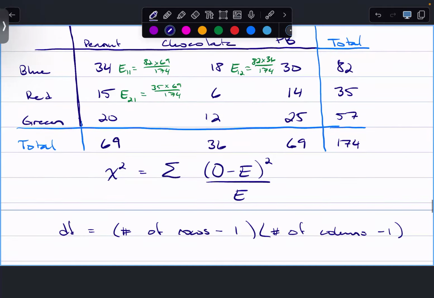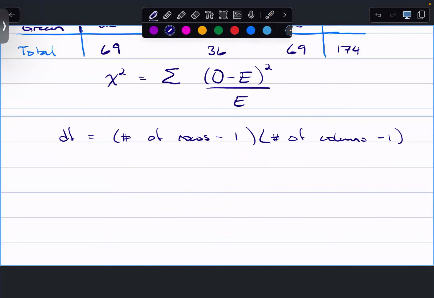So in our case, we have 3 and 3, so 3 minus 1 times 3 minus 1, 2 times 2, which is 4. So now we have 4 degrees of freedom.